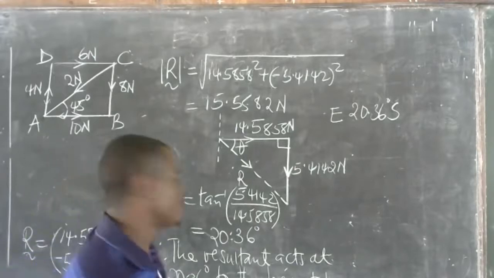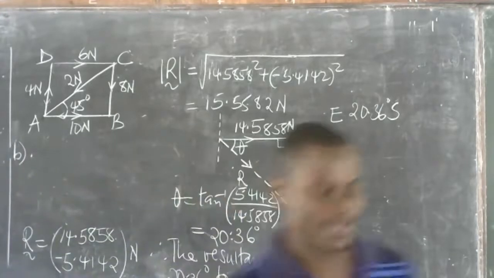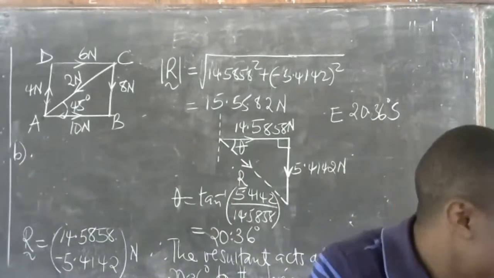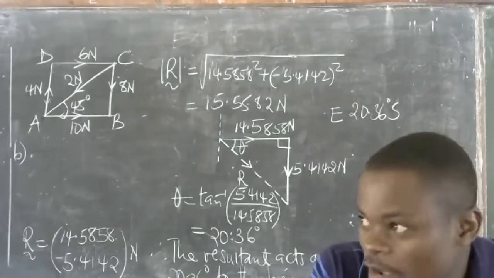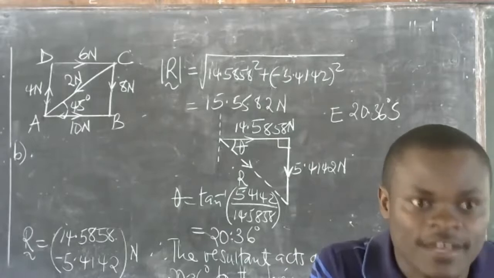So, equation of line of action. Now, the equation of line of action will depend on the point where the moments are taken. And the point where moments are taken acts as the origin.